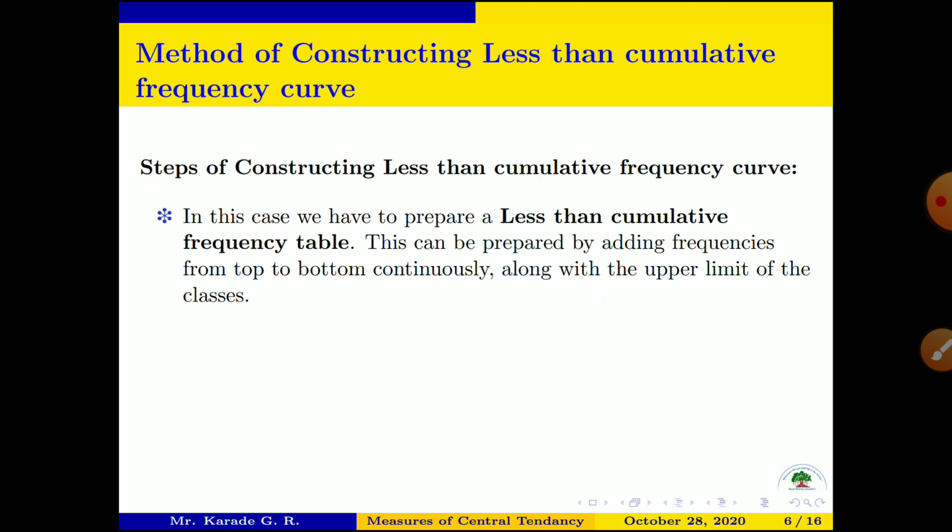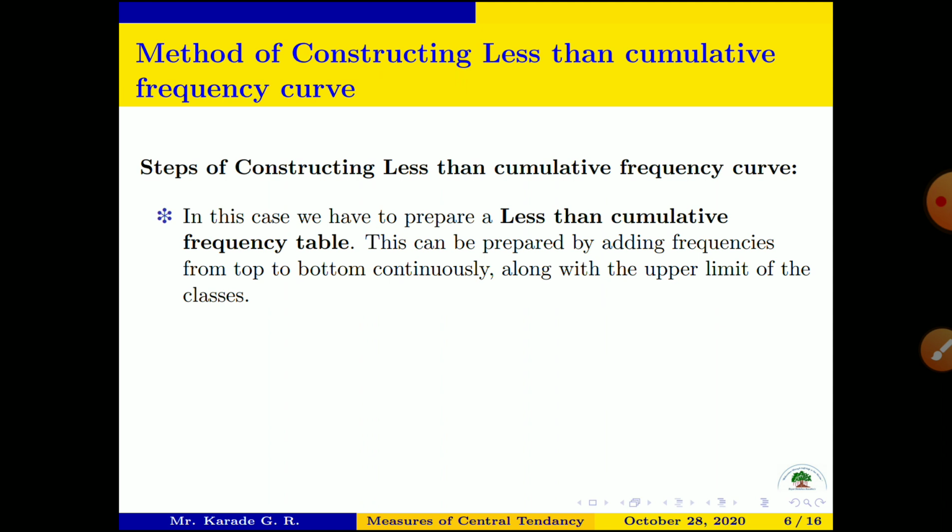If we are given a grouped frequency distribution, then from that grouped frequency distribution, first of all we have to construct a less than cumulative frequency table. How to construct that table, all of you know. This can be prepared by adding frequencies from top to bottom continuously along with the upper limit of the classes.